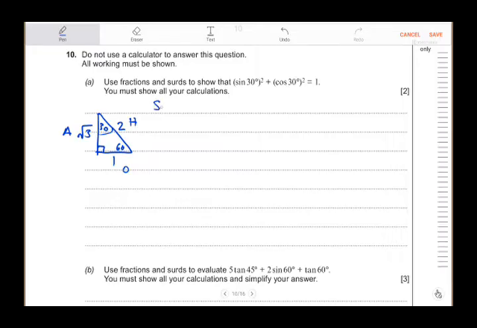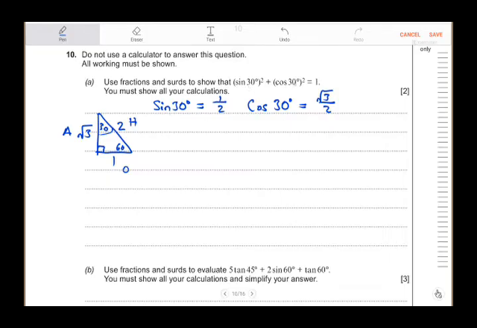So the sine of 30 degrees is 1 over 2, is a half. The cos of 30 is the adjacent over the hypotenuse, is root 3 over 2. So I know the value of sine 30 and cos 30 using my special triangle.